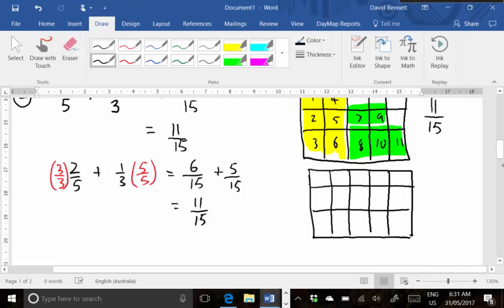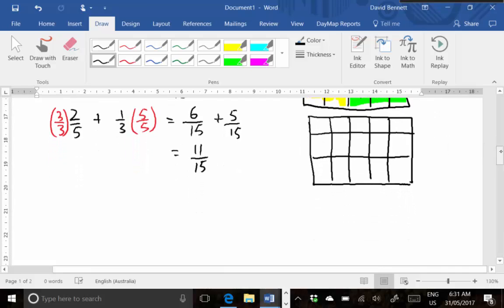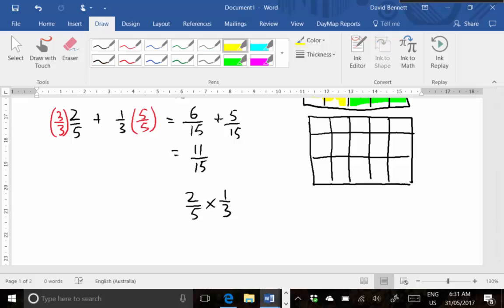Now, the next example, I suppose, is also to look at if we had to multiply those. So we had 2/5 times by 1/3. Then we would do the same thing as what we did before. So 2/5 is shading these two lines here. That's 2/5 of that object. And then we're going to times that by 1/3.